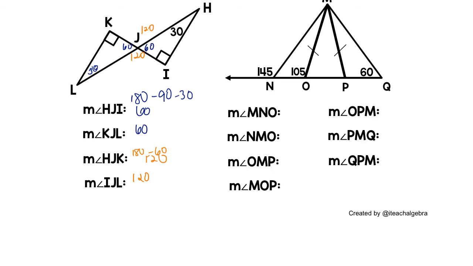Triangle on the right, last one. Angle MNO is going to be 180 minus 145, or 35. Angle NMO is going to be 180 minus 105 minus 35, or 40.